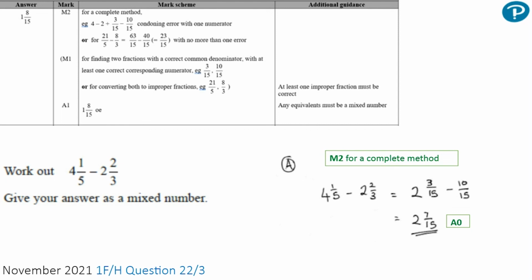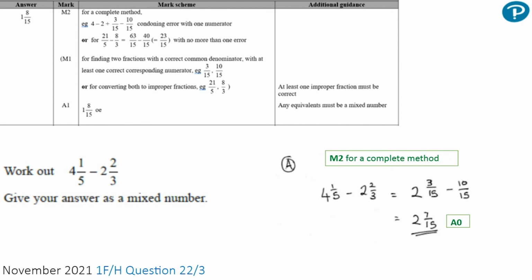It's clear what they're trying to do, because the method is, I need to do 2 and 3/15, take away 10/15. That is the method. Because they've done the 4, take away the 2 to end up with the 2, they're then going, I've got 3/15, take away 10/15, and they haven't been able to do that, or they haven't done it correctly. But it is enough.